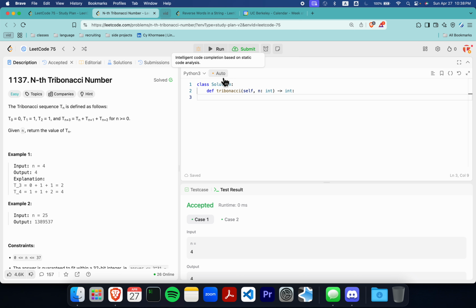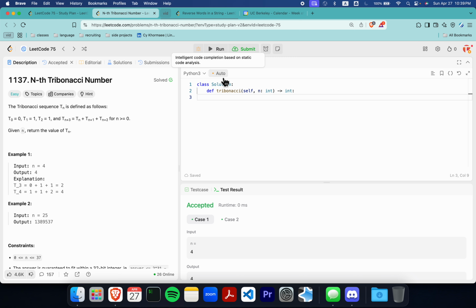But with the bottom up approach, we just start with the smallest three elements and then build our way up. We have a constant space complexity, since we just need to store three variables, and we just keep incrementing every single time, since we only need to store the three most recent values.